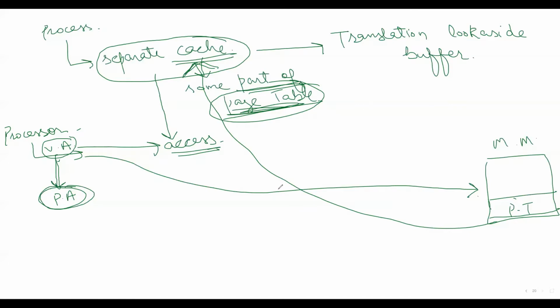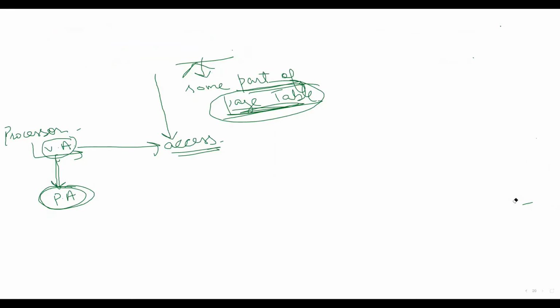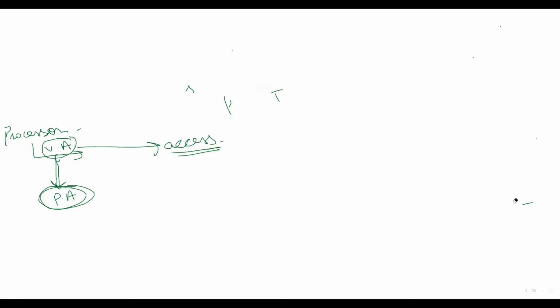So what is the complete scenario? The complete scenario is like this. Let me write in detail. We have a processor. The processor sends a virtual address, and we will access the Translation Lookaside Buffer, TLB. There is either a hit or a miss in the TLB.